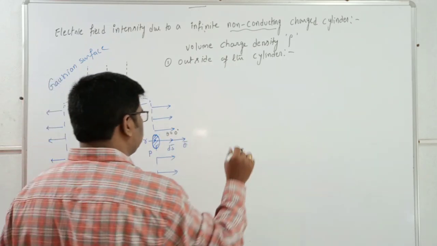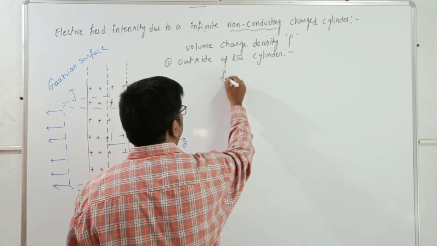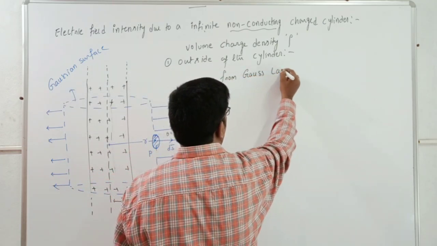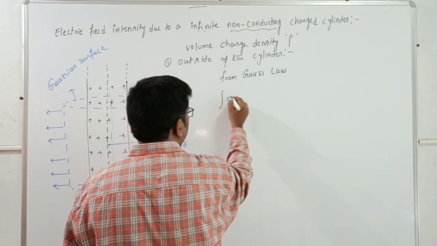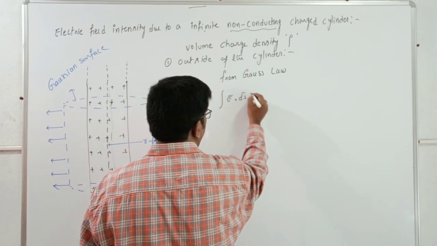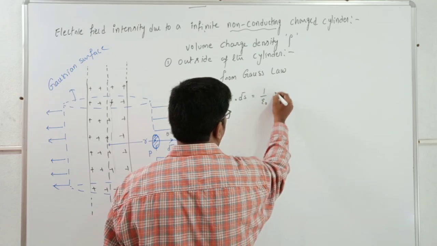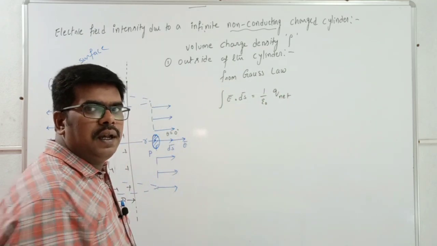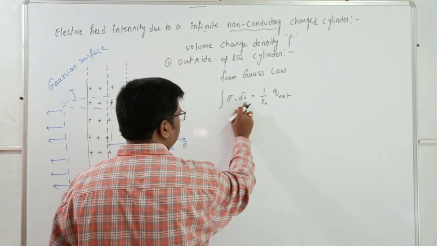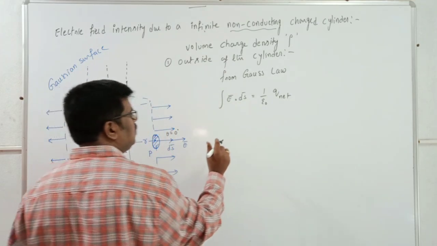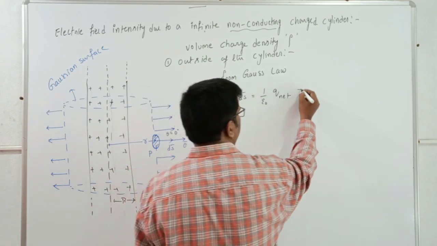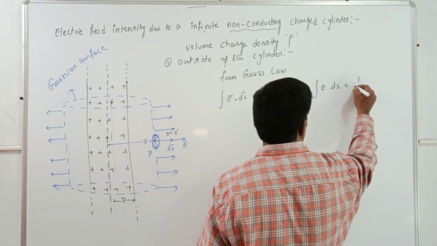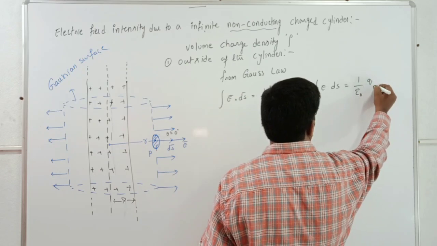Now from Gauss's law we can write integral E bar dot dS bar equals 1 by epsilon naught times the net charge enclosed. Since both are along the same direction, we have integral E dS equals 1 by epsilon naught times q net.